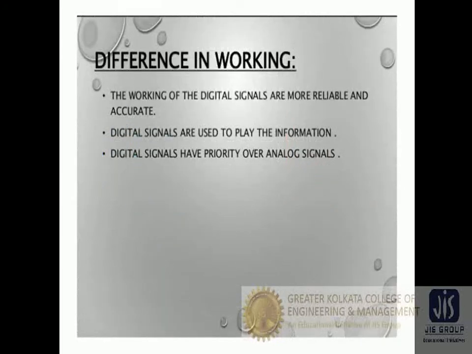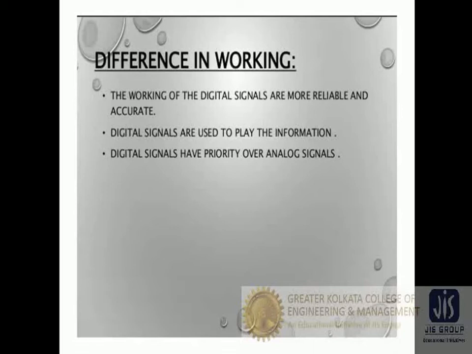towards the difference in working, how the signal varies from time to time. In terms of working, digital signals are more reliable and more accurate. Now we can see our whole world is converted into a digital world. That is why digital is more famous.